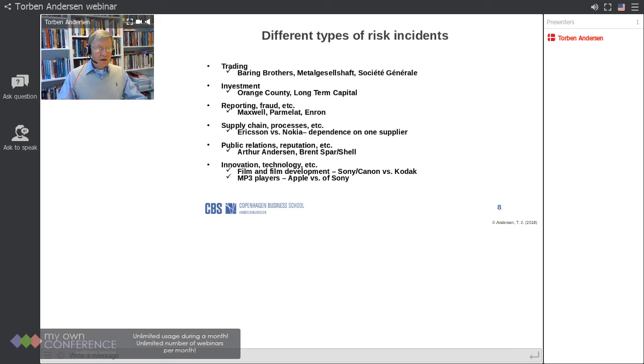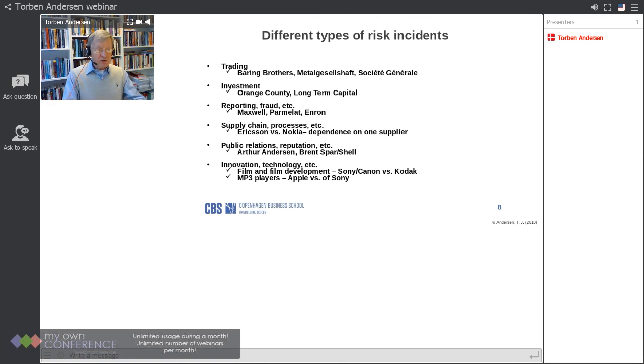Long-Term Capital is another example of an organization that took positions in differentials between different government bonds. Government bonds are not high-risk investments, but when you take positions in small interest rate differentials and gear them up into large exposures, when the market turns against you in unexpected ways, you can lose a lot of money. And that's exactly what happened.